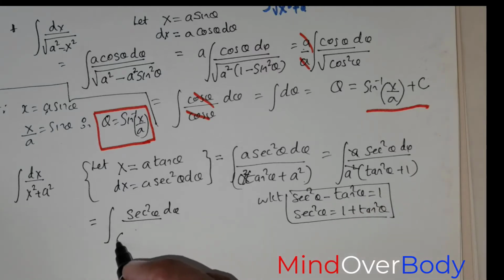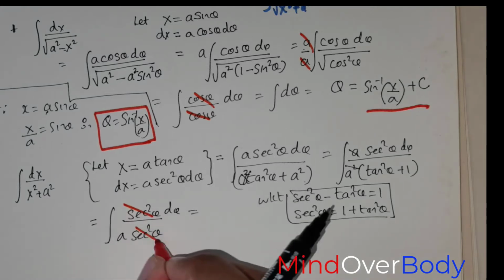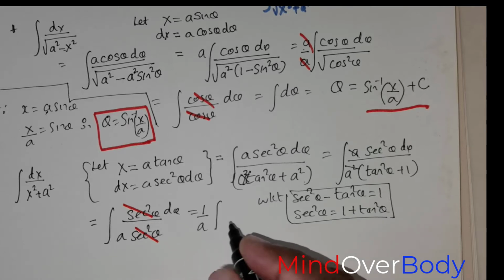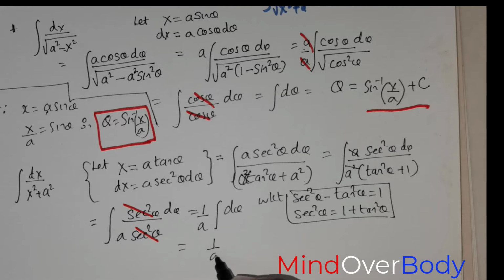There is a 1 over a here, so let me place that. So if you were to get rid of the secant squared theta, then you would have 1 over a integral d theta. Integral of d theta is theta, so it's going to be 1 over a of theta.